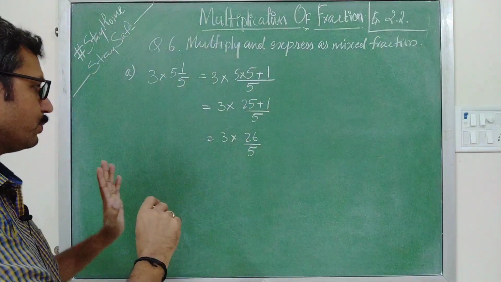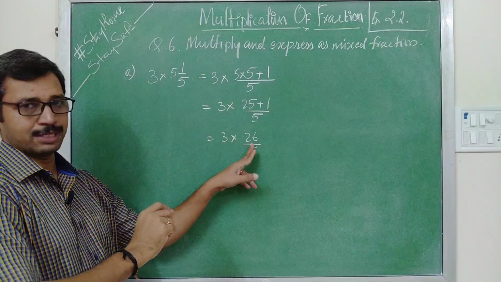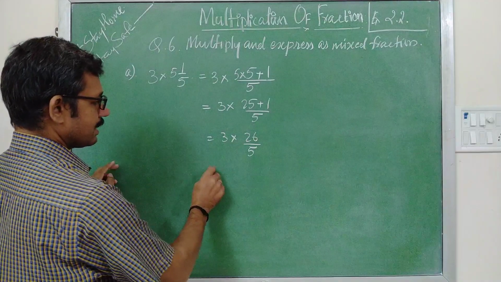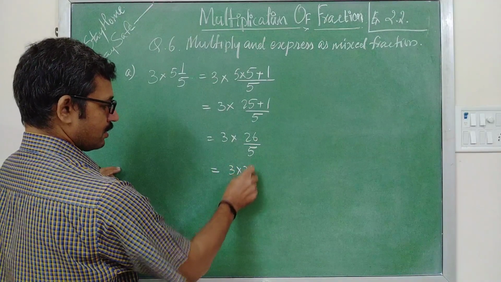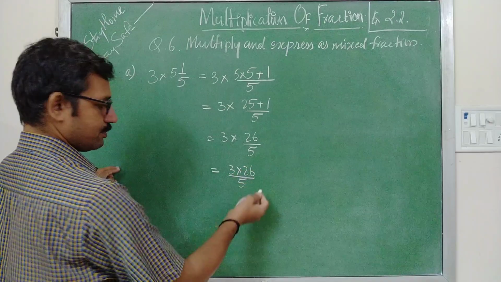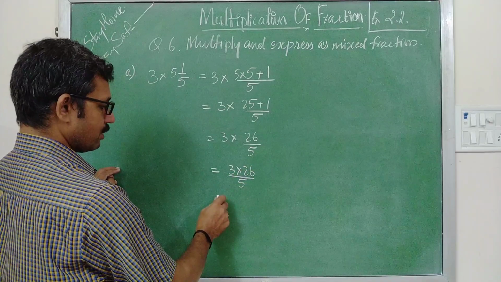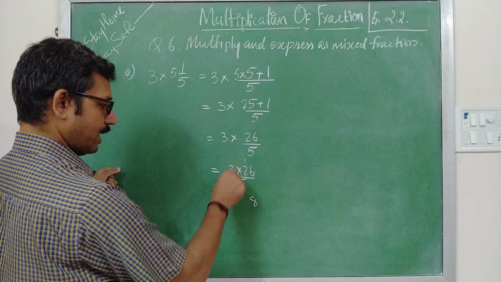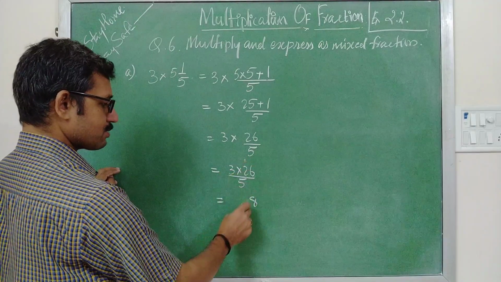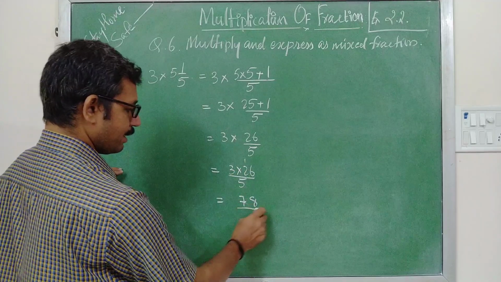Now you have to multiply the numerator. So 3 into 26 upon 5 is equal to 78 upon 5.